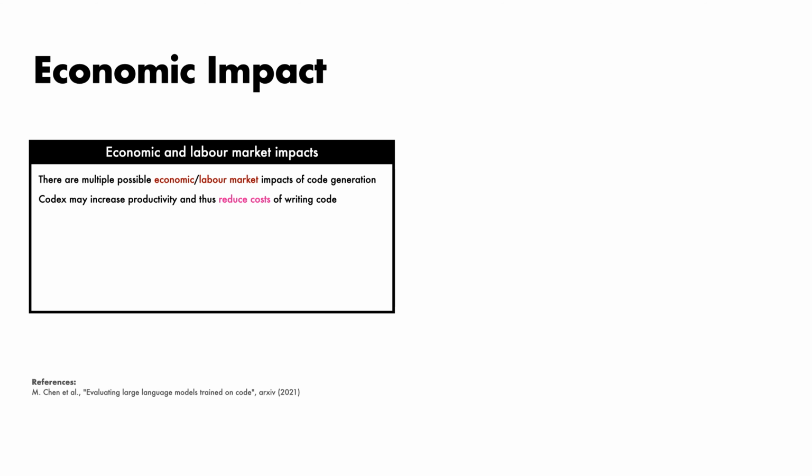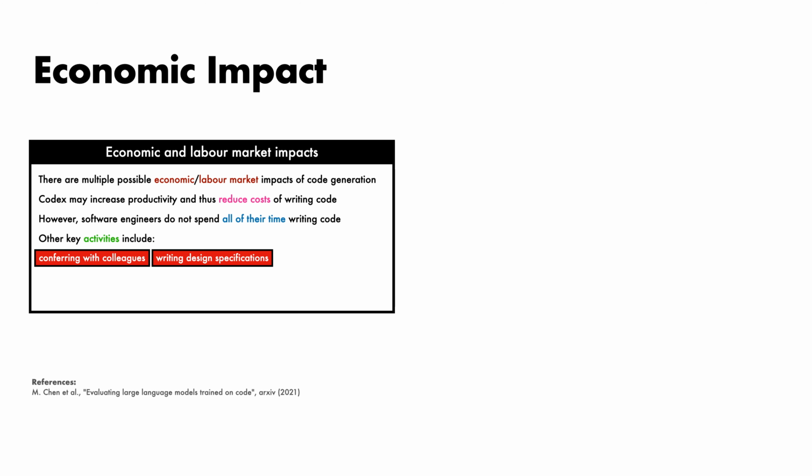By increasing programmer productivity, Codex may reduce the cost of writing code. However, the magnitude of this effect may be limited to some extent by the observation that software engineers do not typically spend all of their time writing code. They perform other key activities, which include conferring with colleagues, writing design specifications, and upgrading existing software stacks.